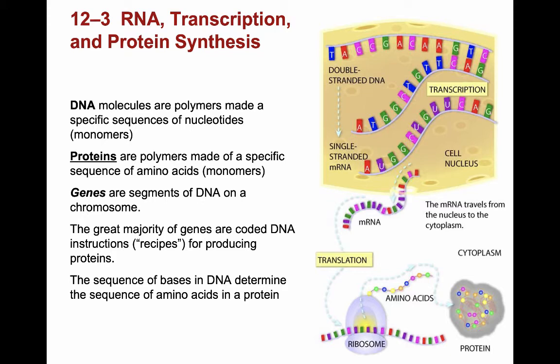That information is, in fact, the information for making proteins. So, how a living thing functions is mainly determined by the proteins it builds. Proteins make up lots and lots of important structural molecules in cells.